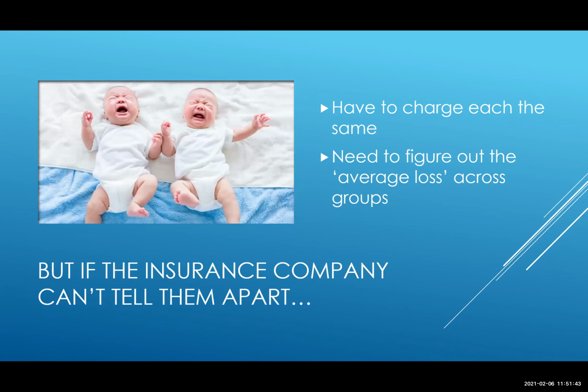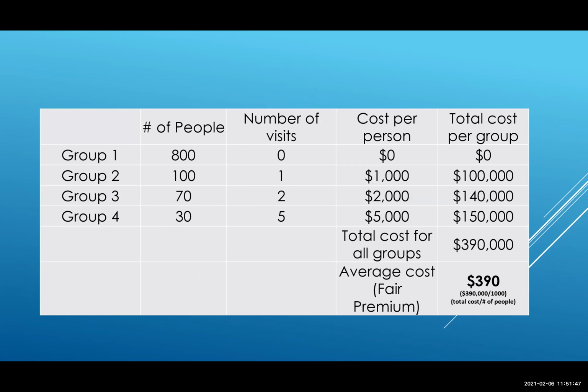They need to figure out that average across all of the groups. So they take all the costs that we just talked about and add them up. Here's all the costs per group.